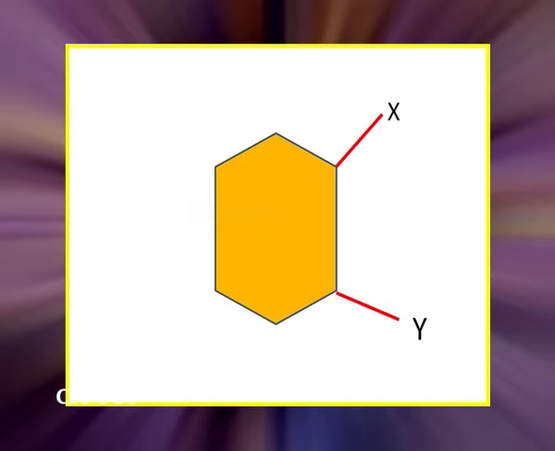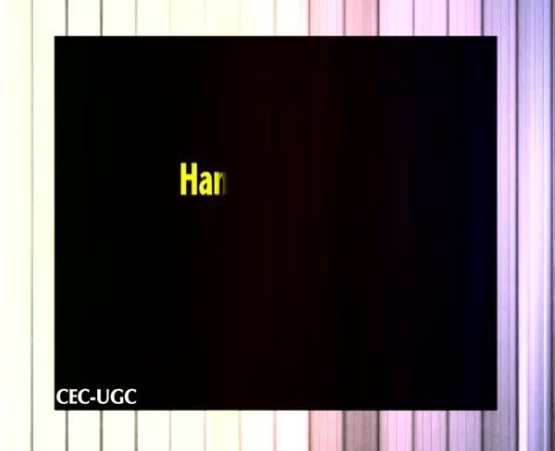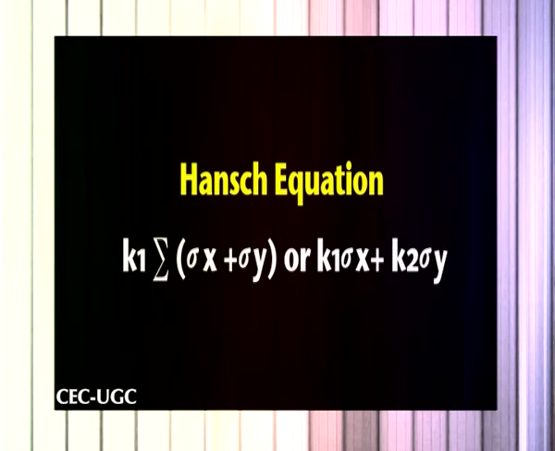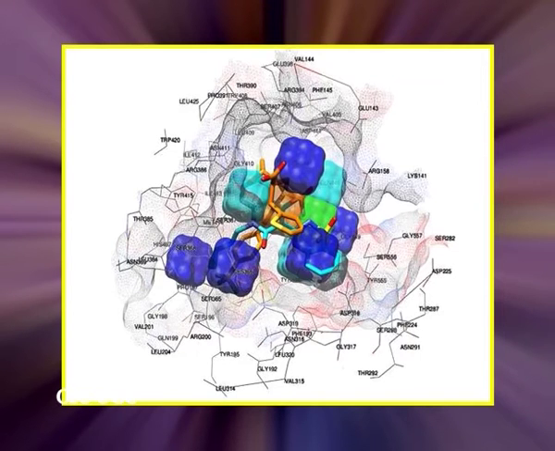For example, in the hypothetical case of a benzene ring with two substituents X and Y, the Hammett's constants could be expressed in the Hansch equation as either K1 summation of sigma X plus sigma Y or K1 sigma X plus K2 sigma Y.